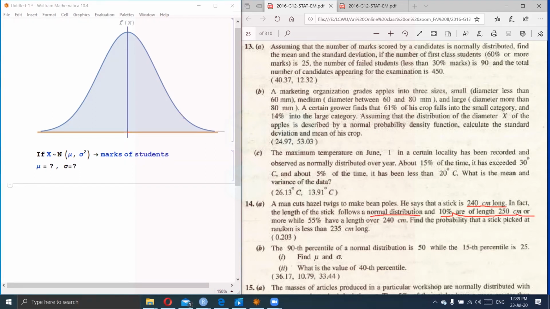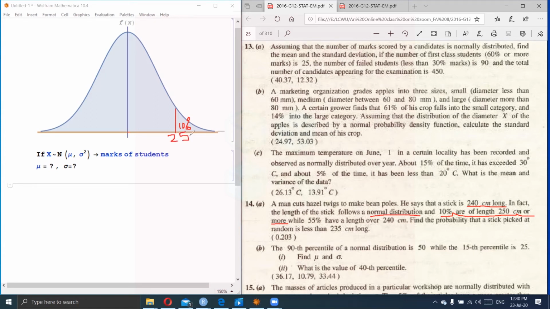So 10% is the shaded area on the right tail. So on the right tail, this area is 10% and the point 250 would be here.